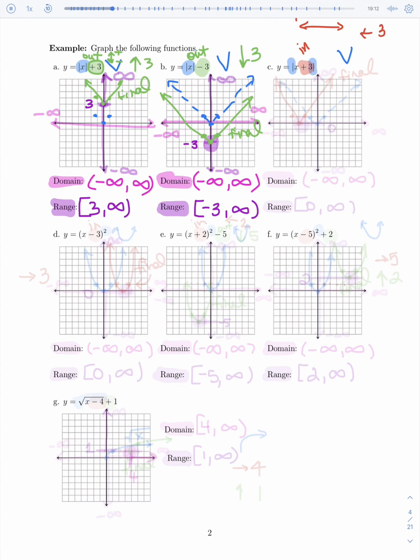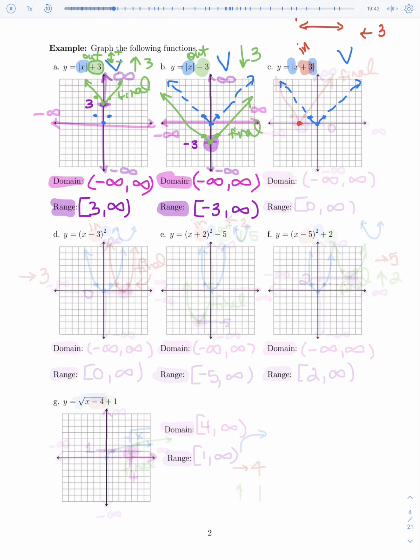So I can still do what I did in the last ones, which is draw my original V-shaped graph, our original absolute value graph, which looks something like this. But then the entire graph is going to have to move 3 places to the left. So 0, 0 will end up being at -3, 0. -1, 1 will be at now -4, 1.